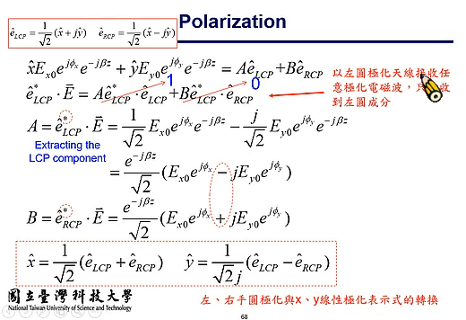Okay, so usually, if you successfully design a circularly polarized antenna, if you draw the RCP pattern and LCP pattern at the same time, you may end up with something like this.